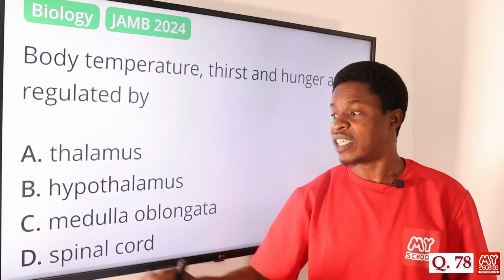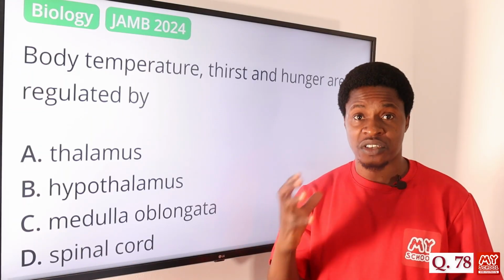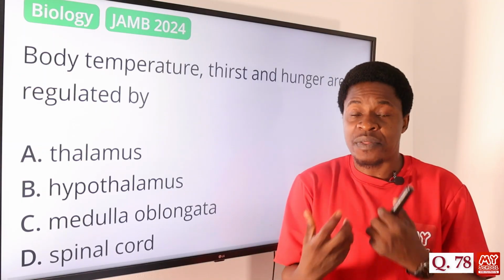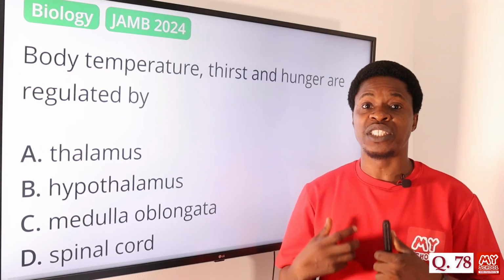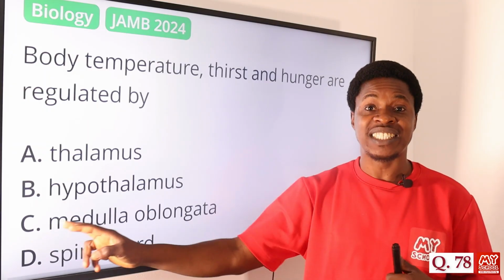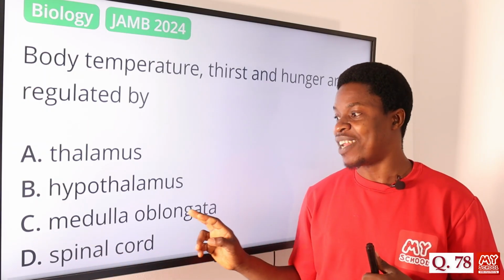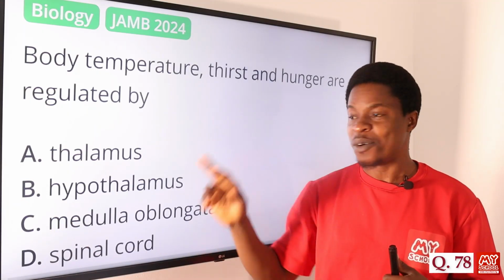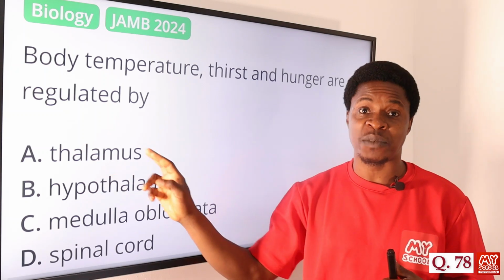Medulla oblongata, it's the part of the brain, of course, also in the brain, that is responsible for the heartbeat, the breathing rate, the heartbeat rate, of course, the blood pressure in the body. It is the medulla oblongata that is actually responsible for that. Some students think that it is what is responsible for learning and keeping of memory. No, it is thalamus that is responsible for that.